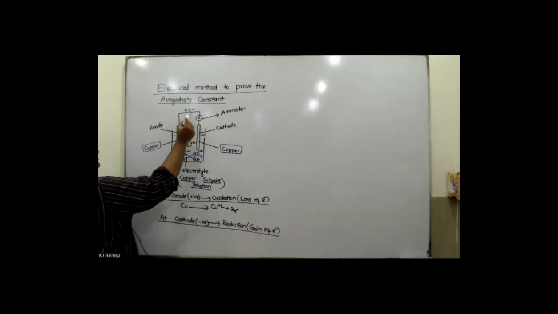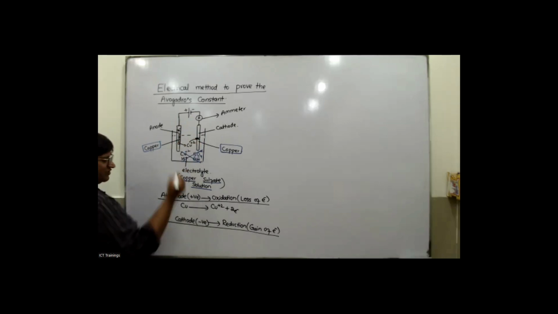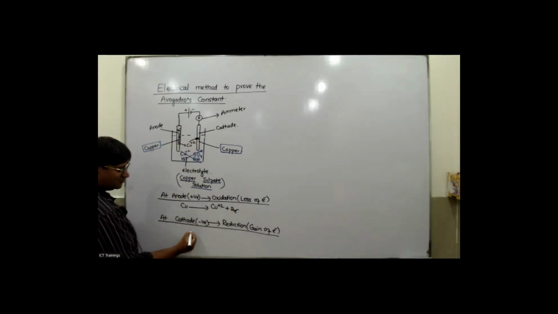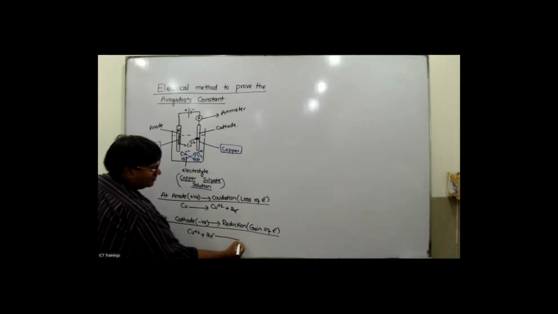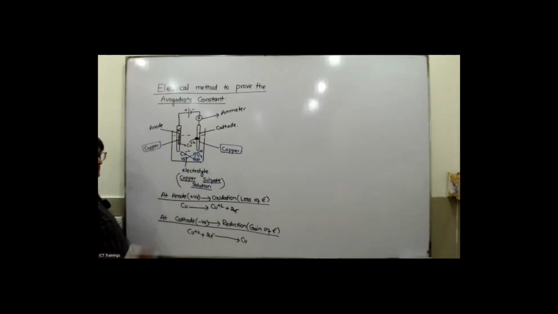So electrons travel through the wires and come to the cathode. Ions travel from the solution, and at the cathode the reverse process would take place. Copper ions and electrons form copper, so the copper is deposited here. So copper atoms would be deposited on the cathode. Did you get it?